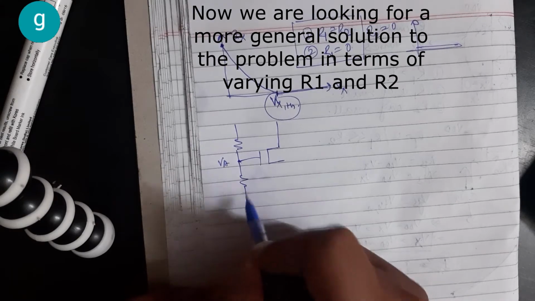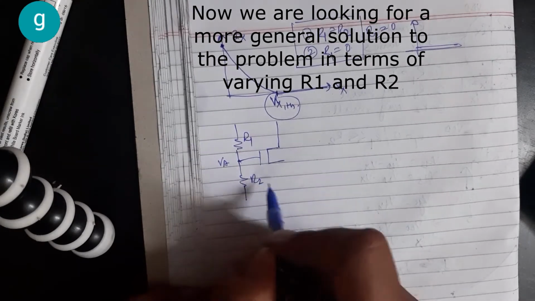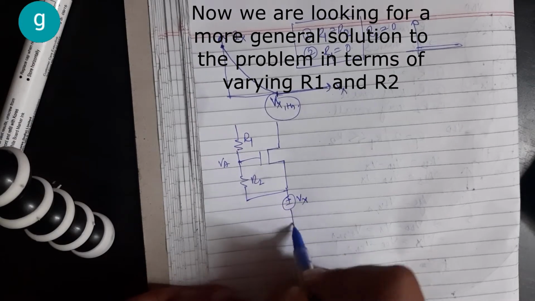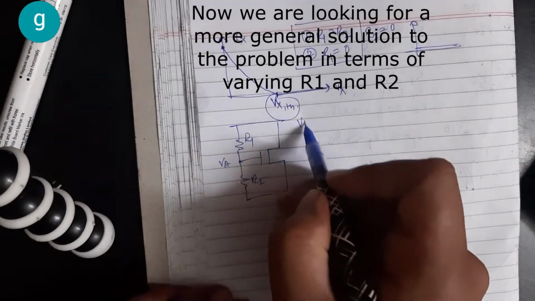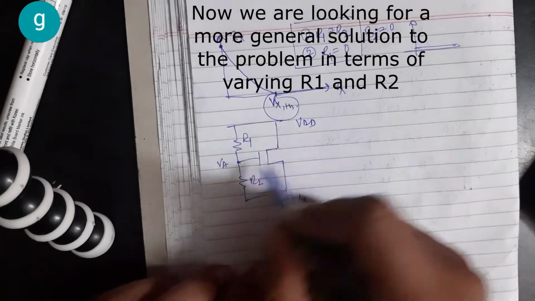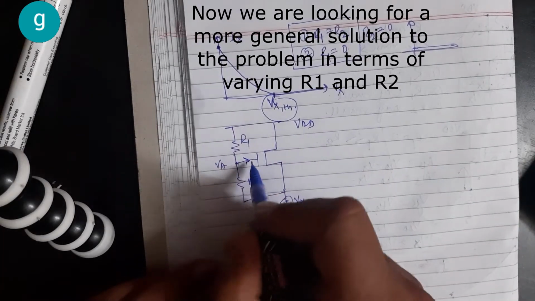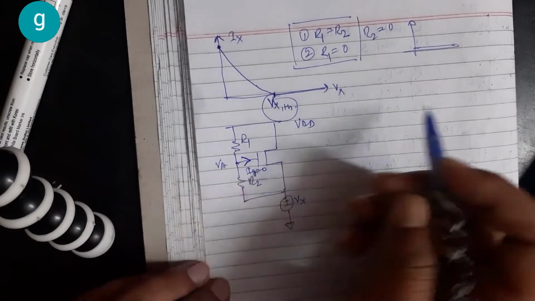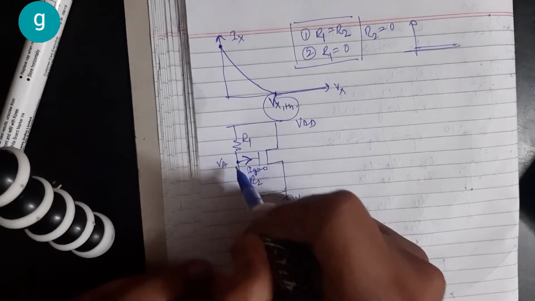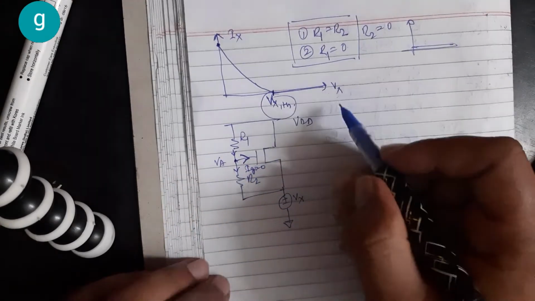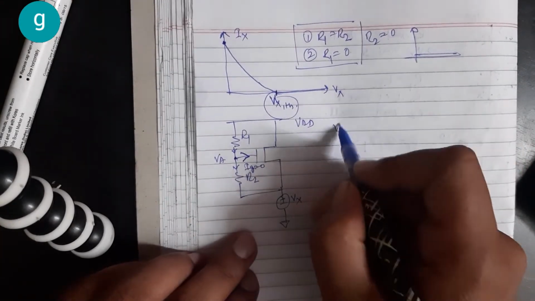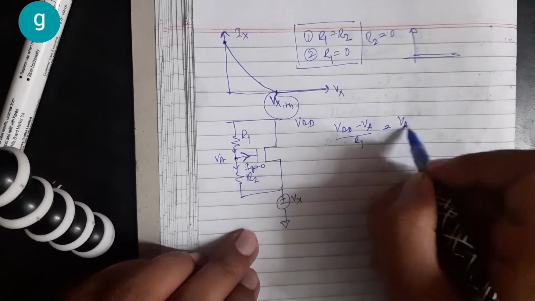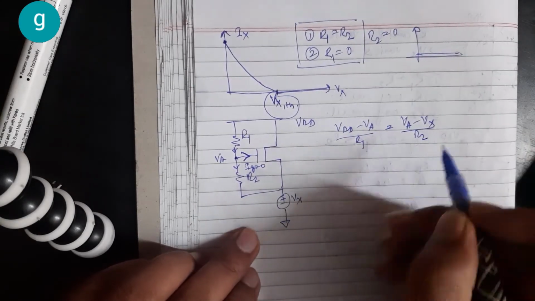VA, just like the previous part, there won't be any gate current. So just apply the current equation: VDD minus VA by R1 equals VA minus Vx by R2.